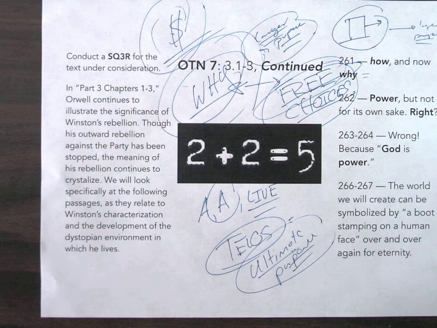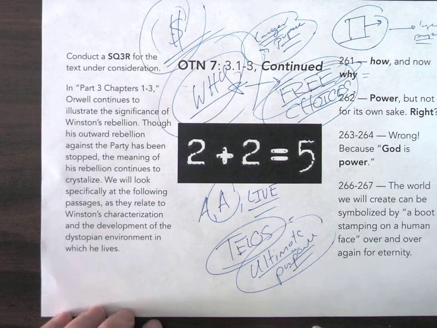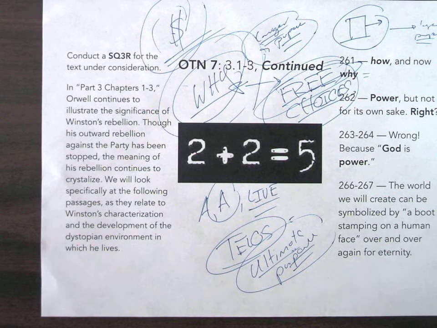Clearly, the party must destroy this. Okay? So on page 261, O'Brien assaults this portion of Winston's soul after convincing him that his mind is incapable of answering or apprehending reality in a reliable way.